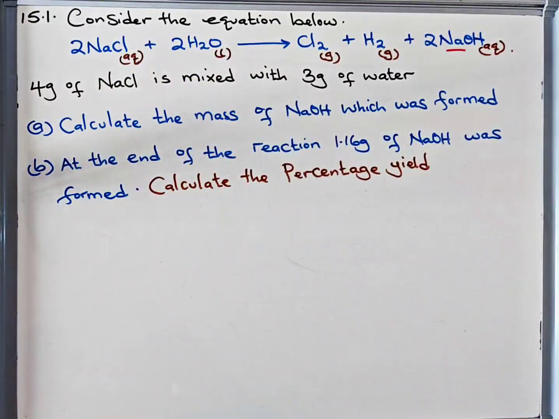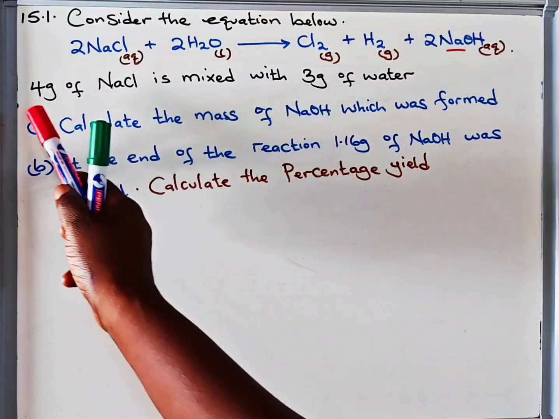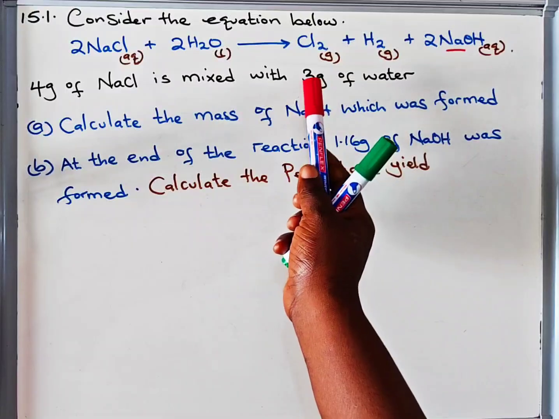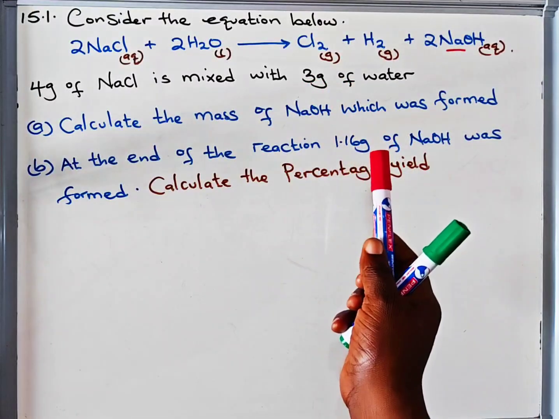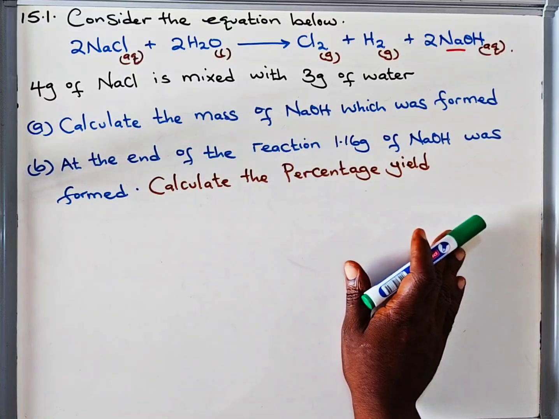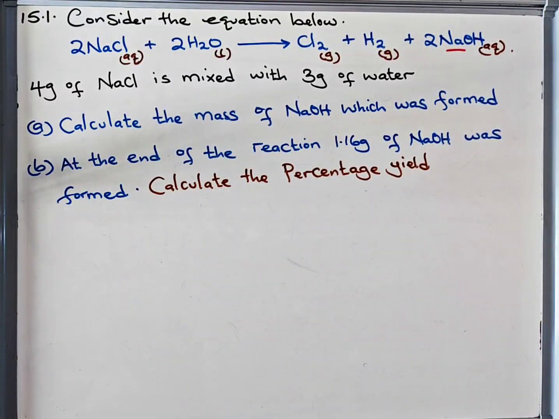You have to know that the smaller amount, the one which is smaller in terms of moles, is the one which will determine when the reaction will stop. Once it is finished, the reaction has to stop because the other compound which is still available has nothing to react with. Such a compound which determines when the reaction stops, we call it the limiting reagent. So our first job here is to determine the limiting reagent.